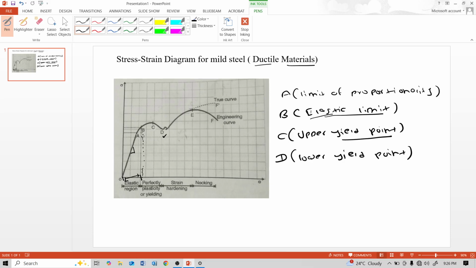This is indicated by the wavy appearance of the stress strain graph between C and D. After this lower yield point, strain can be obtained by increasing the load. Stress increases and strain also increases.